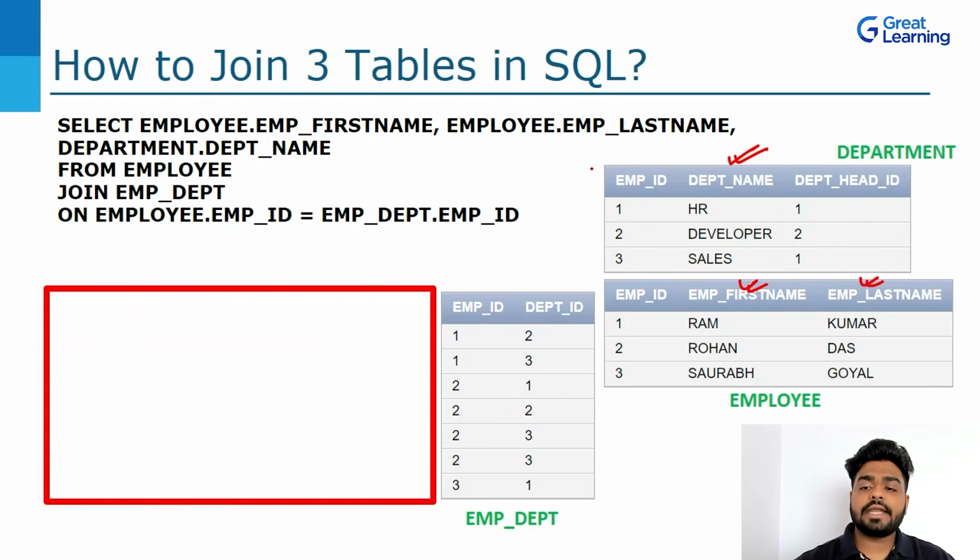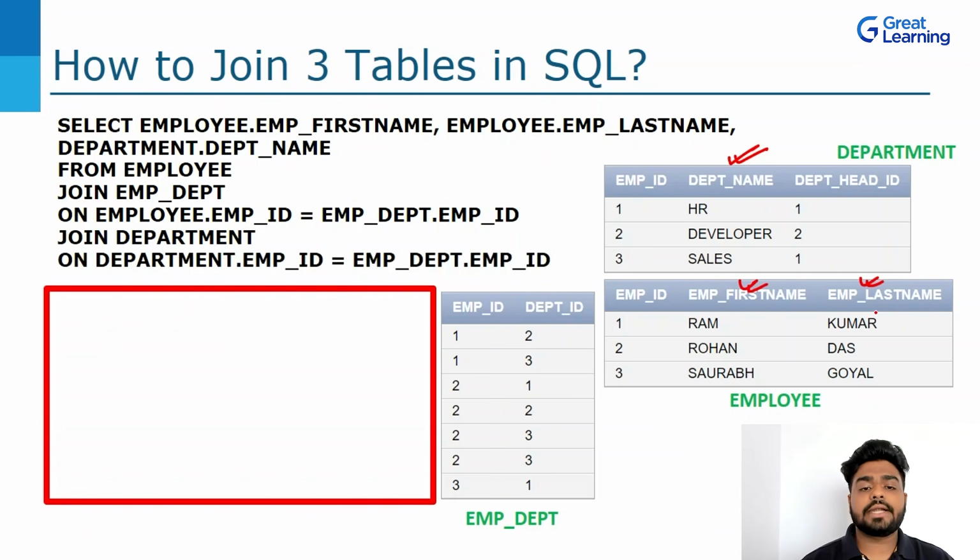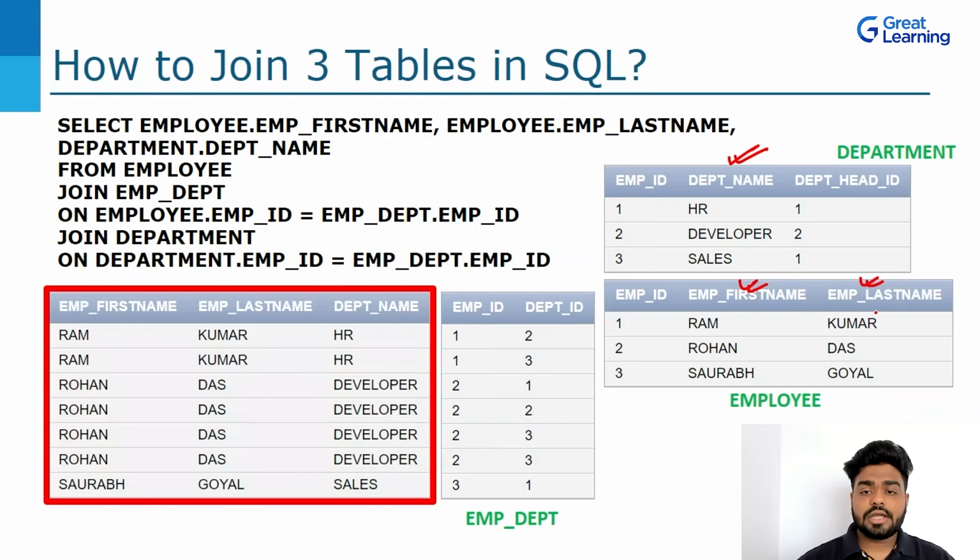So department name, first name and last name, these 3 things will be shown on the basis of the join with department on employee ID. So this is the result. On the basis of these unique IDs or primary keys, we are getting this particular result where we have the department name, first name and last name. And this is how you actually join the 3 tables.